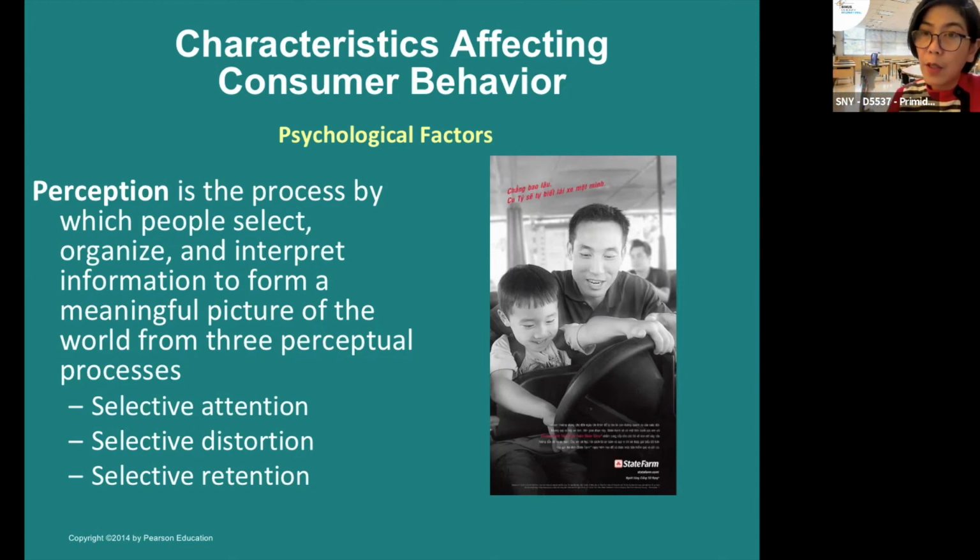So these two different perceptions of the same object are how we as humans select, organize, and interpret information around us to form a picture of what we see.